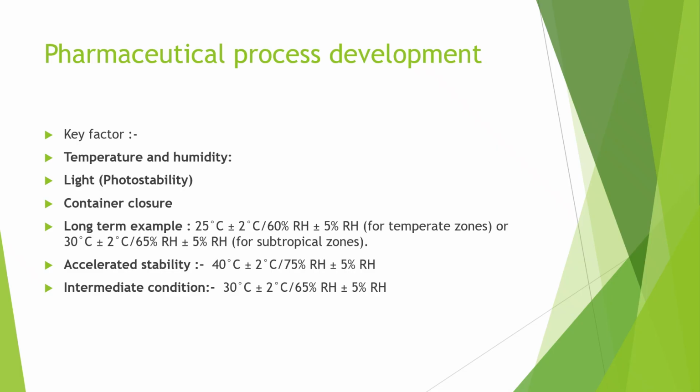In accelerated, 40 degrees plus minus 2, 75% RH, it is fixed. In intermediate, again 30 degrees plus minus 2 degrees and 65% RH plus minus 5% RH. So these are the three conditions for stability, and on the basis of these stability conditions we perform the stability studies.